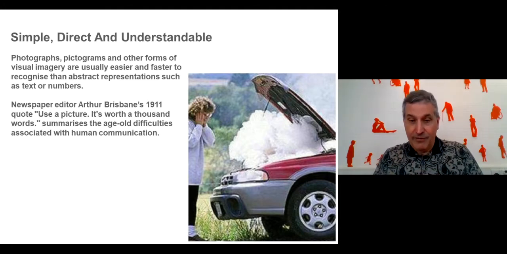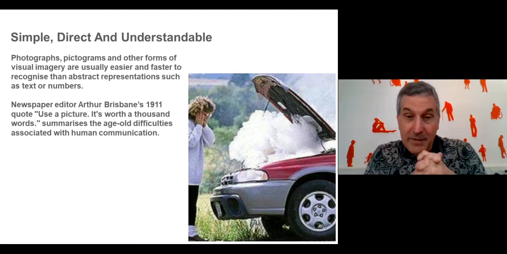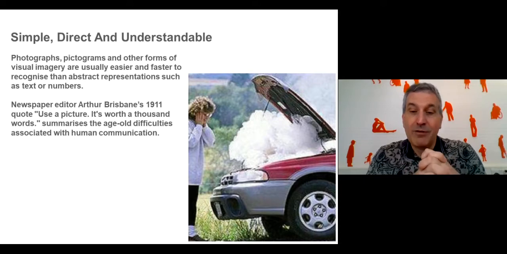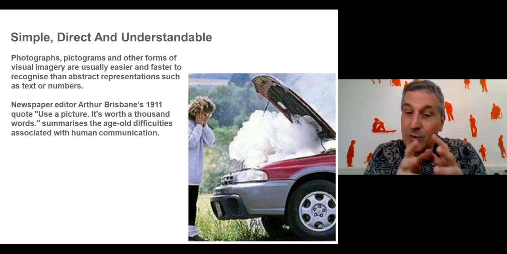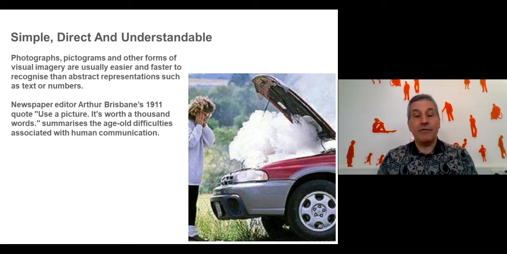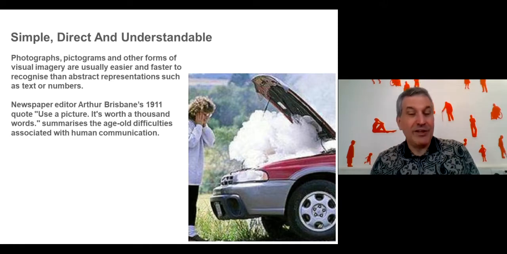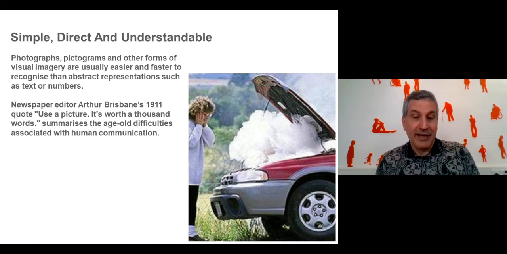And I think if you look at the picture that's there on the right, there's so much that can be said about that person, what they're feeling, the circumstance, what's causing the problem, what kind of weather, what kind of place the person finds themselves when the car broke down, and so forth. Trying to convey that by words and numbers would not do it justice. It would take a lot of words, a lot of numbers, and it may not fully convey what's really going on in this complex scene.